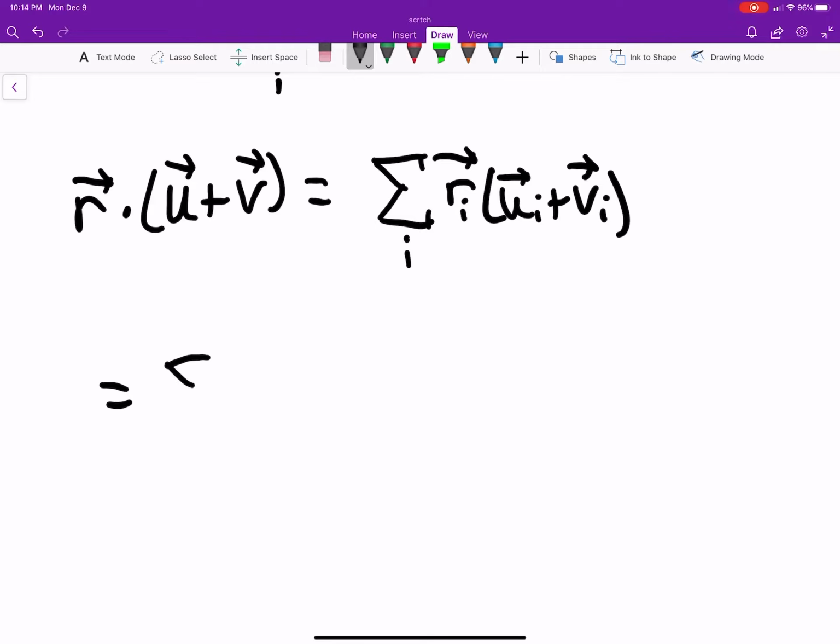Well, we don't have to prove that we can distribute our multiplication over addition. We know that. So that's equal to r_i u_i plus, I'll put parentheses here, r_i v_i.